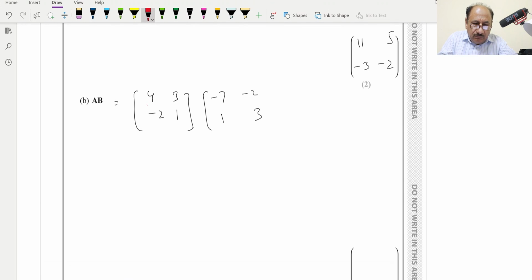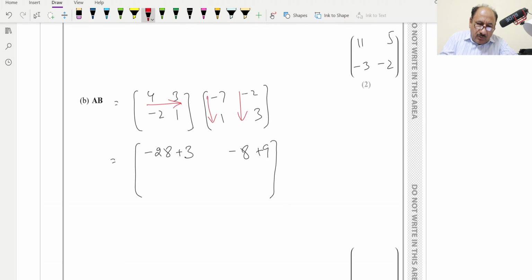Now we can multiply first row, first column, and this will give us the matrix. 4 into minus 7 will be minus 28, plus 3 into 1 will be 3. Similarly, first row and second column will give us 4 into minus 2 will be minus 8, and 3 into 3 will be 9, so plus 9.